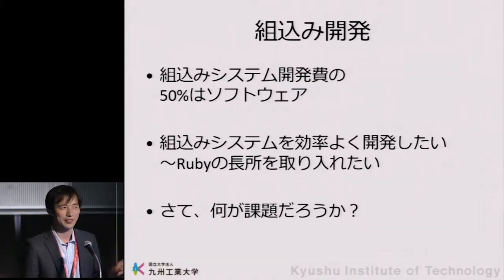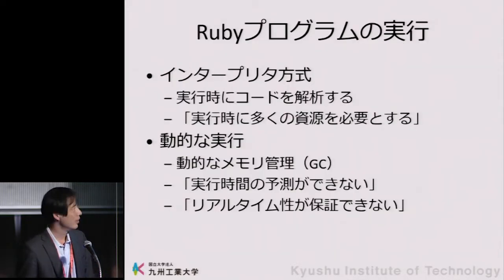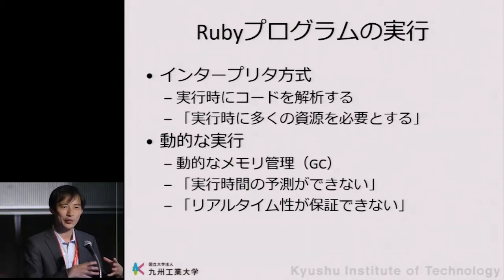But somebody should have already considered it if it's so easy, and we need to look at what the difficulty was before. The interpreter method and dynamic execution, like I talked about GC, are all related. In embedded systems, the execution time has to use a lot of resources, meaning CPU, so the hardware cost has to be very expensive.